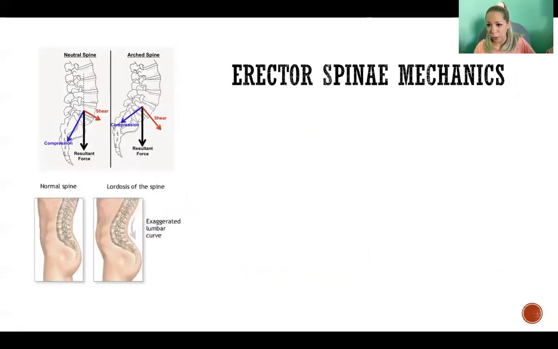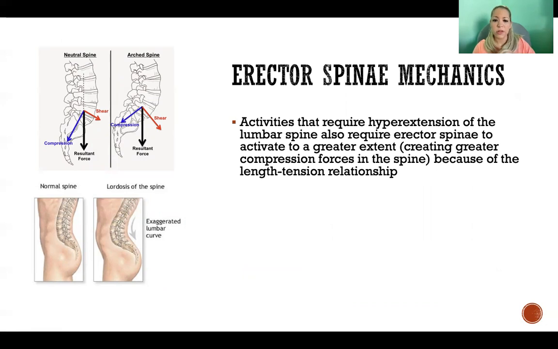Hyperextension, we have a very similar problem, but for a different reason. When we go into hyperextension, so now we have a hyperlordosis, we're hyperextending the spine, and that can be on purpose, like in exercise, or it could be poor posture. But when the spine goes into hyperextension, it also requires erector spinae to contract to a greater extent to produce the same movement, because now we have an issue with the length tension relationship.